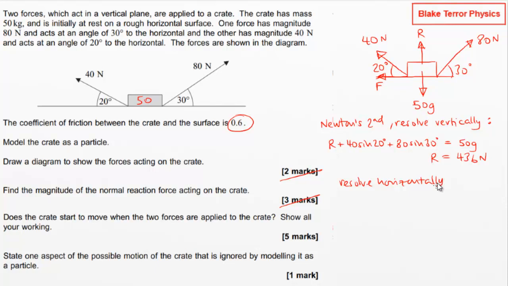And what we've got all in all is 80 cos 30 degrees minus 40 cos 20 degrees, and then we can remove up to 0.6 times this 436.